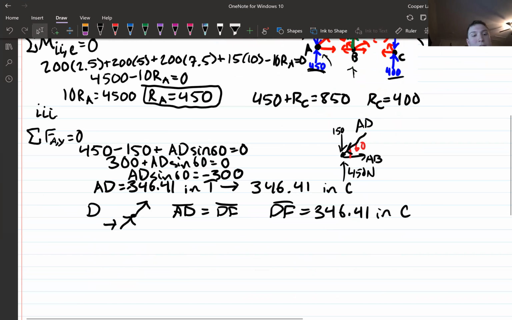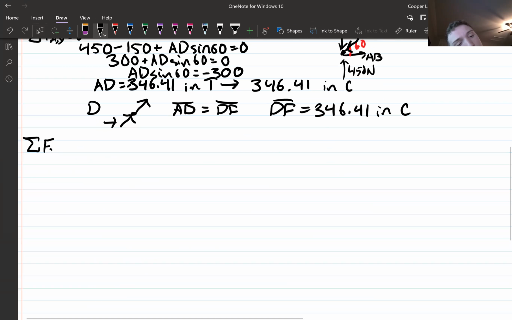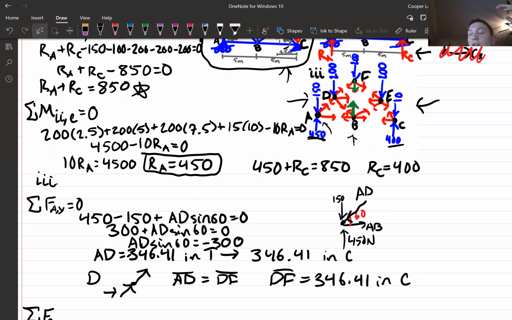So that brings me to sigma F, and I'm going to use a little f when I'm showing this point, just so that it's different than the big F. And I'm going to use the direction of X because I'm trying to limit my unknowns as I go here. So I only know one unknown in F.